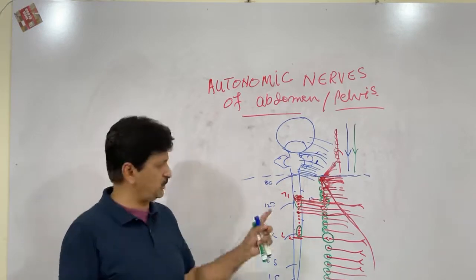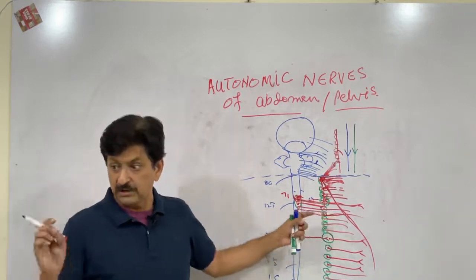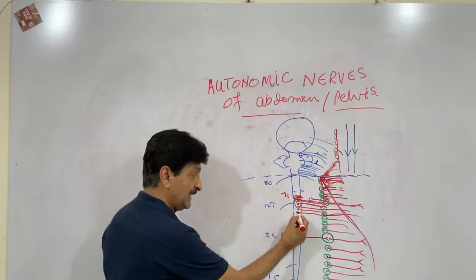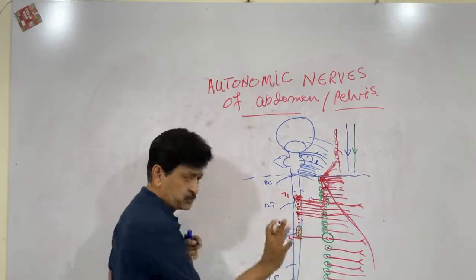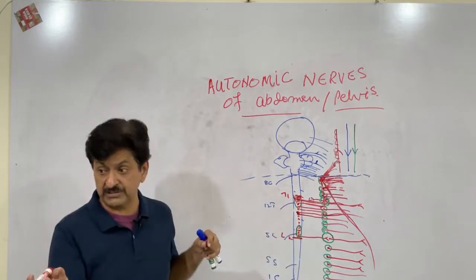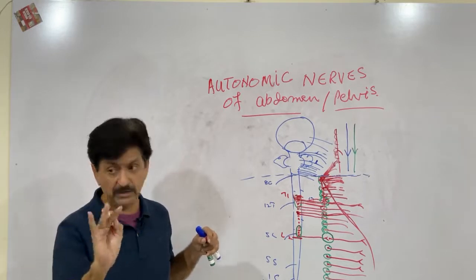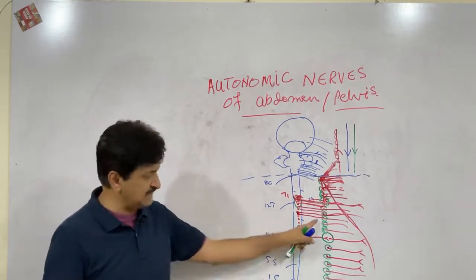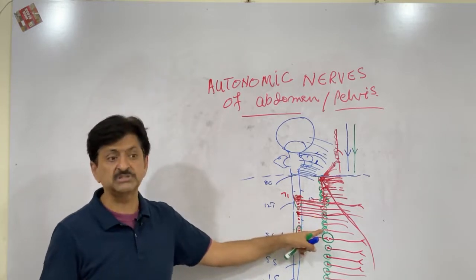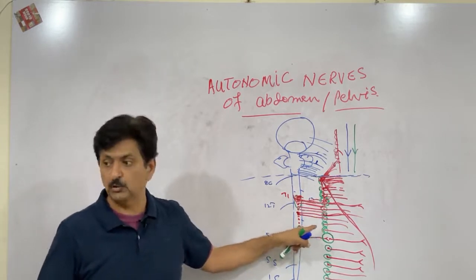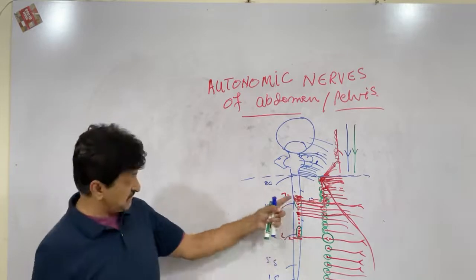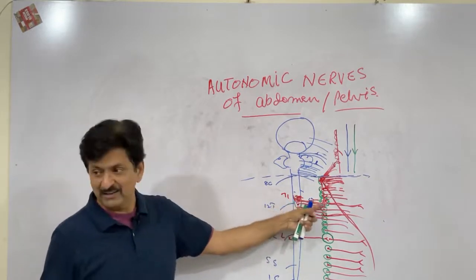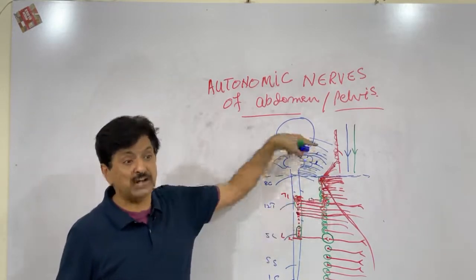This is only the work of just 20% of fibers. 80% of fibers are going into their corresponding ganglion. This is true. But which is the corresponding ganglion? 5, 6, 7, 8, 9, 10, 11, 12. I am giving just one example. They are going inside. But this time, for the first time, they don't relay now. Just like here, they didn't relay, but they will rise up to relay there.